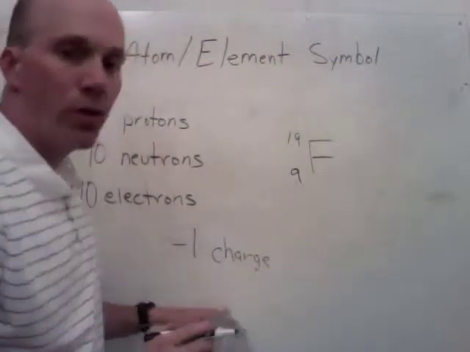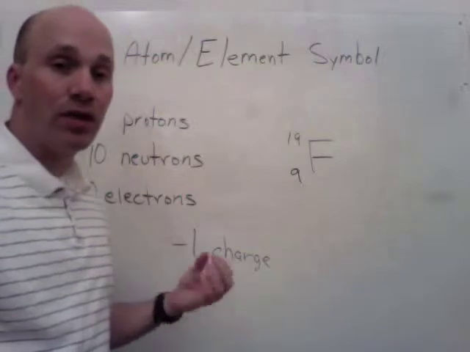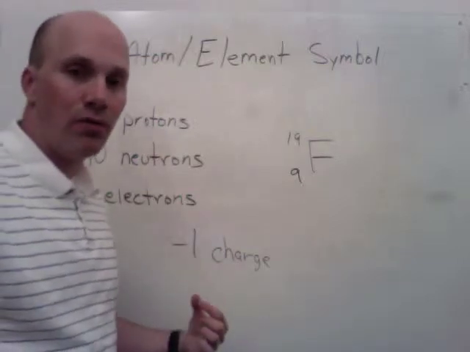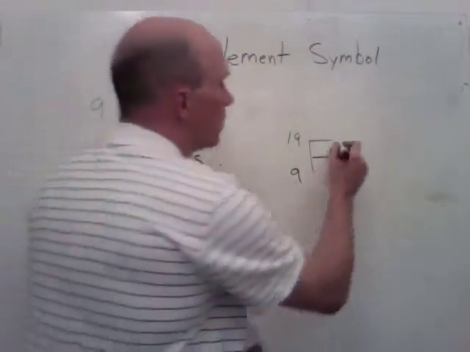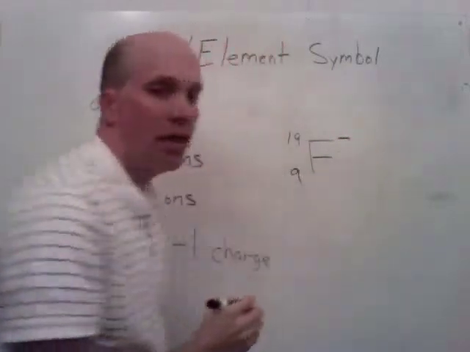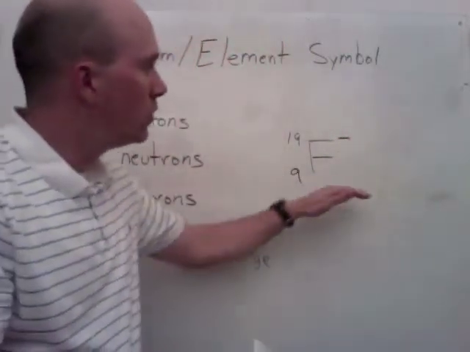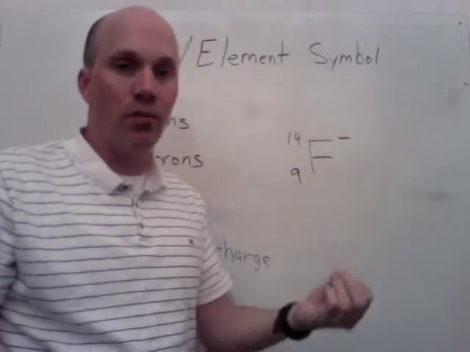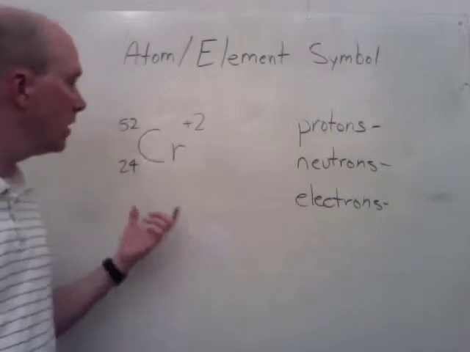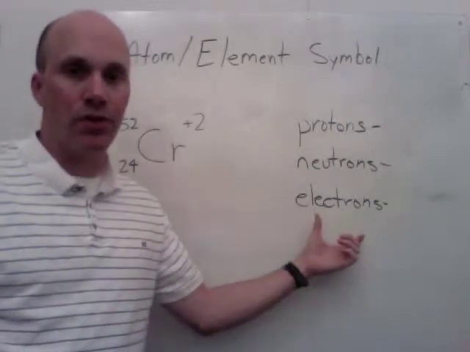Okay? But what we were saying is that when you have either a positive 1 or a negative 1 charge, you just put the sign. You don't put the number with it. So you would just put a negative sign right there. And when you read this, you look at that and you recognize that that means negative 1 charge. So keep in mind that you might have to go in the opposite direction.